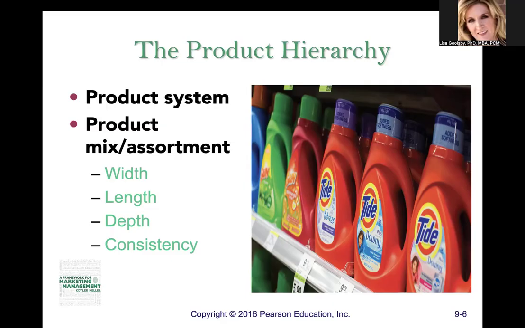They have cereal bars, they have cereal, they have peanut butter, they have all different types of form and function mixing chocolate and peanut butter. So they've got a lot of width to their product line, but they've also got a lot of length and depth. So if you go to look at Reese's, just the peanut butter cup, they've got the white peanut butter cups. They've got many different sizes that you can buy of the peanut butter cups.